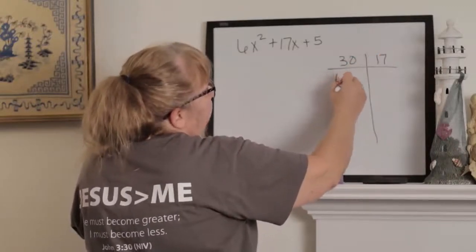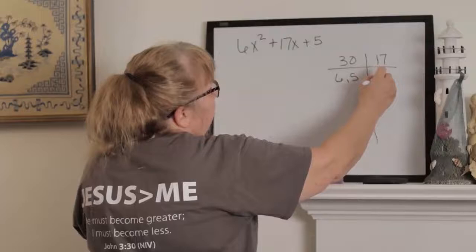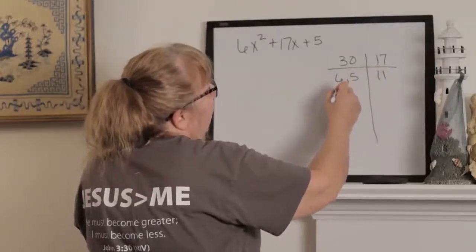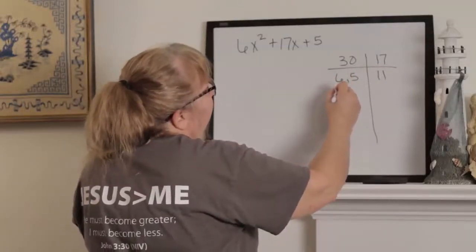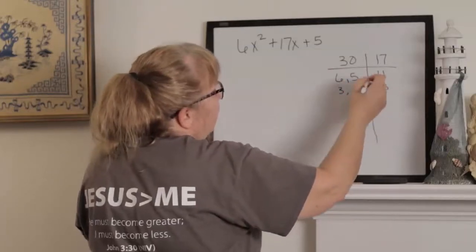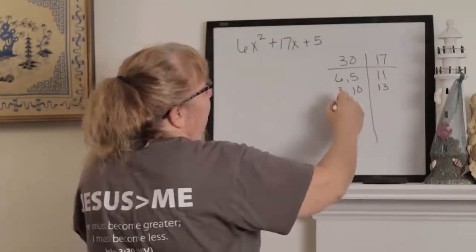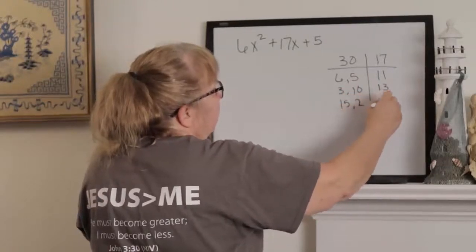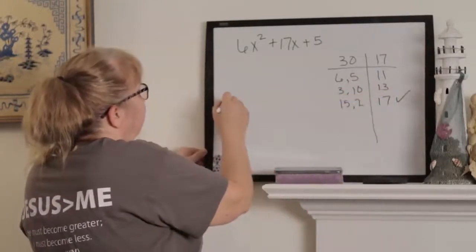Well, I know 6 and 5 would work to multiply, but that only adds to 11. So let's try maybe 3 and 10. Well, that gives me 13, so that's not quite going to do it either. How about 15 and 2? 15 and 2 is 17, and that's the one I'm looking for.